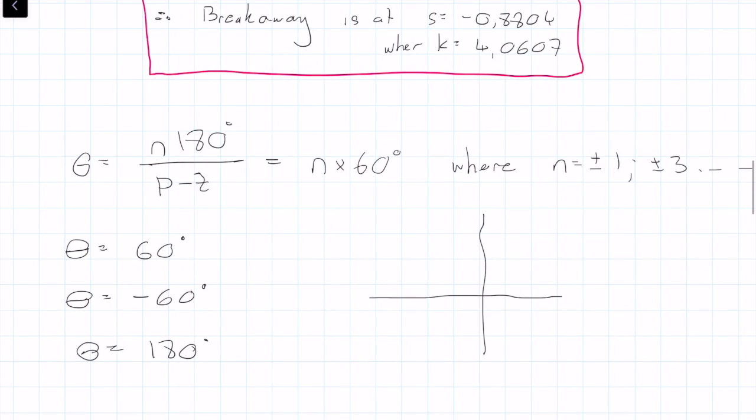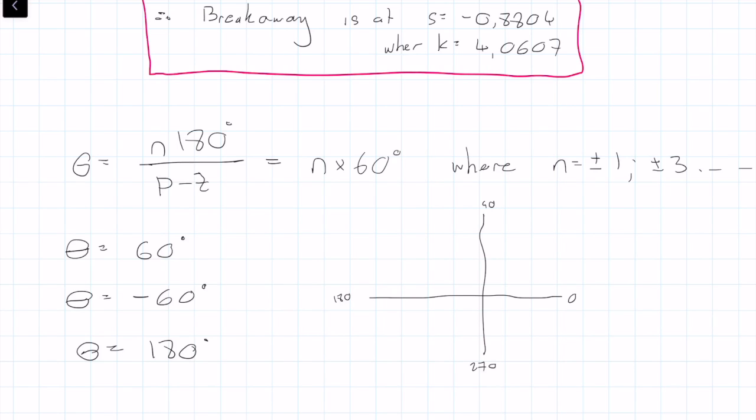Okay, so if we plot out very quickly what it would look like, we're measuring from this axis, so we have 0, 90, 180, and then 270.